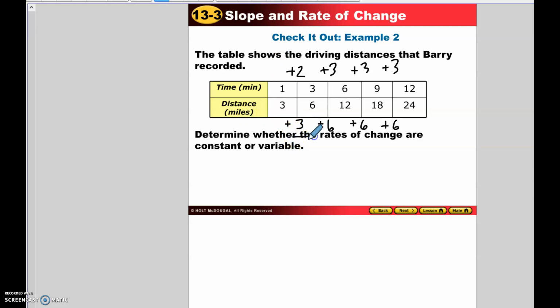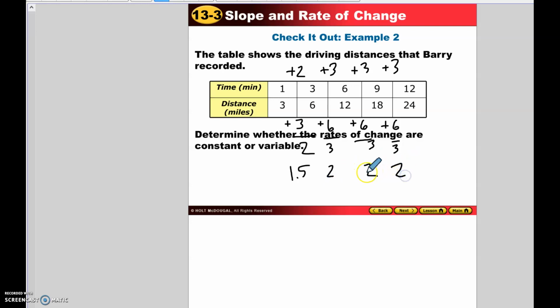So this would be 3 over 2. This would be 6 over 3, 6 over 3, 6 over 3. All right, if I divide these, 3 divided by 2 is 1.5. 6 divided by 3 is 2, 2, 2.